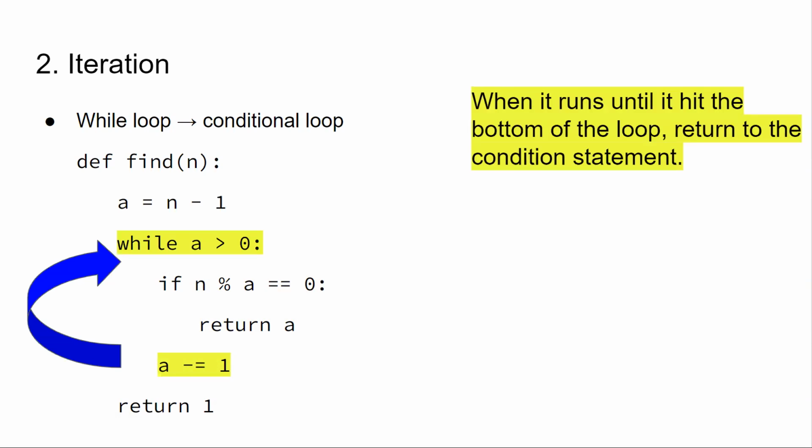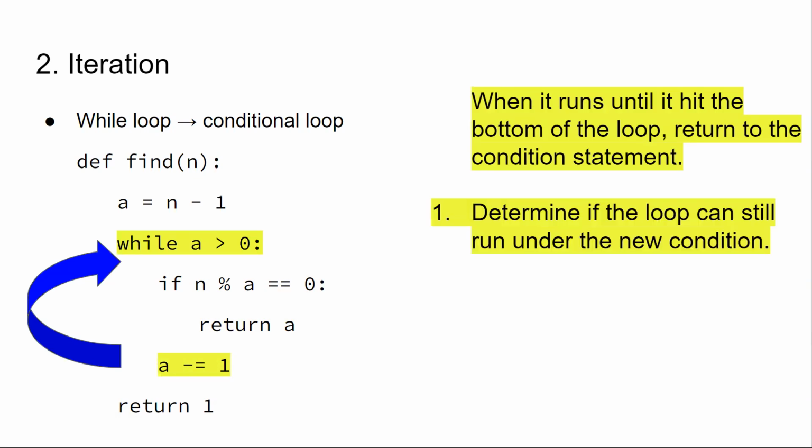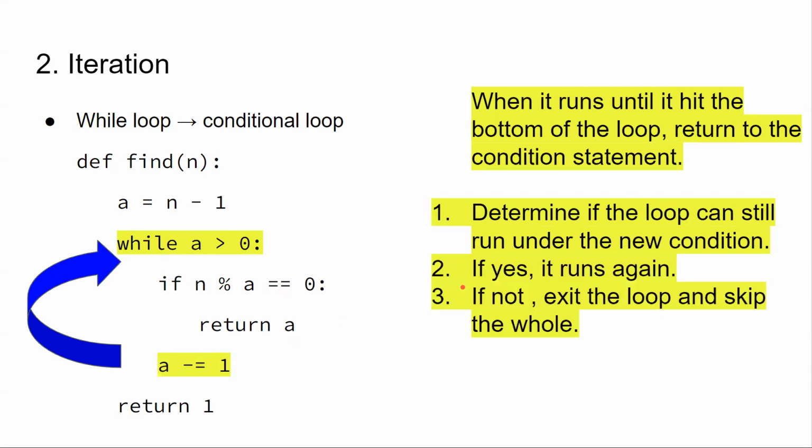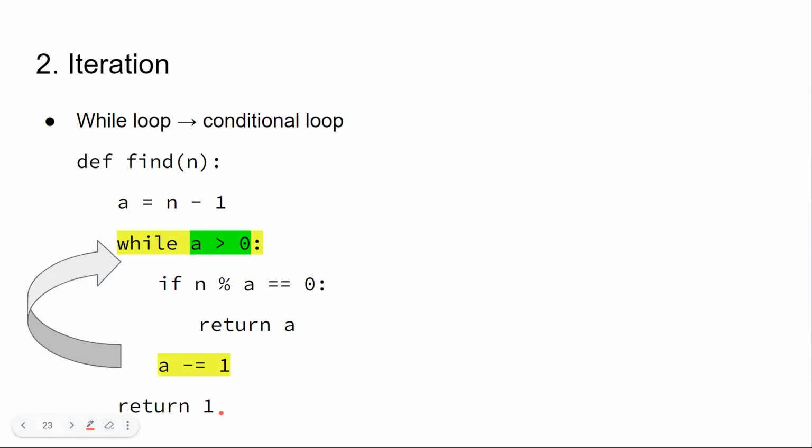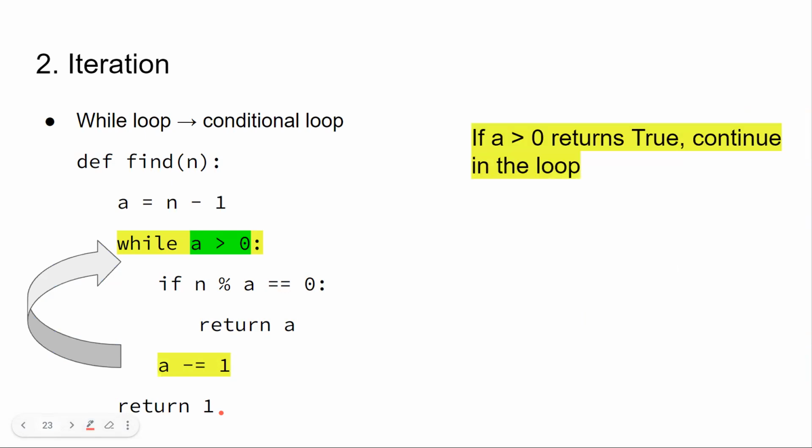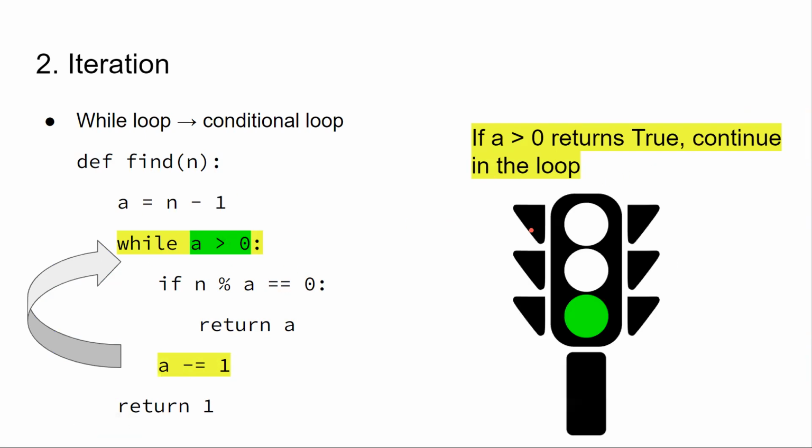So you check to determine if the loop can still run under the new condition. If yes, still run. If not, exit the loop, skip the whole while loop, and go to the remaining part of the body. And if you hit the return statement, just return and end the function. So I check: if a is greater than 0 and the condition returns true, continue in the loop.